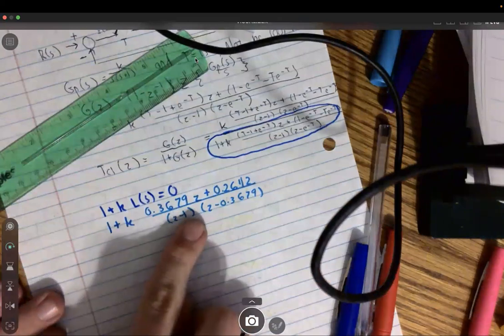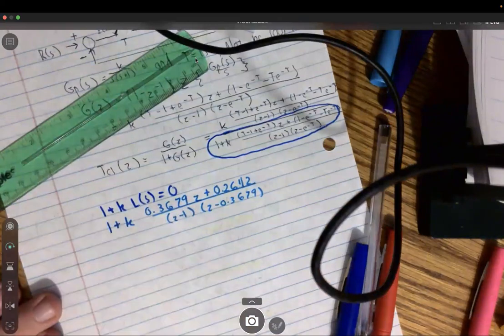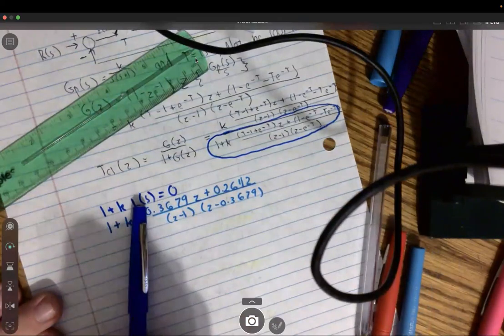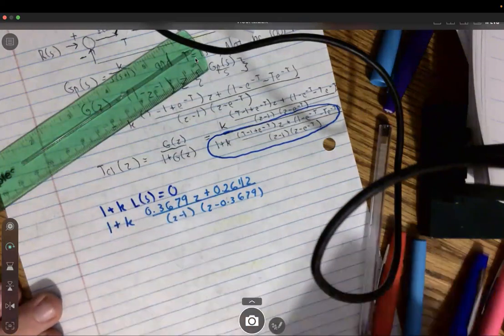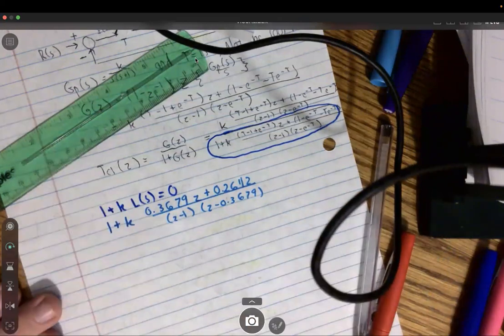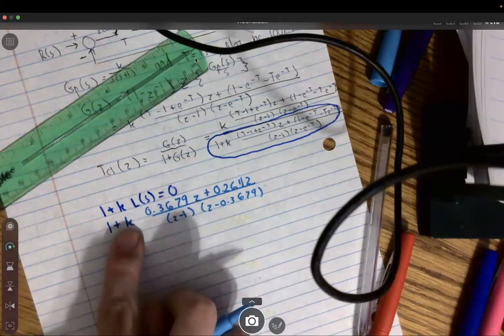So now that we got it in this form, remember, this is our open loop system, our L of s right here. And when we plot the root locus specifically, we're going to notice that for our system, we start at gain k equal to 0.